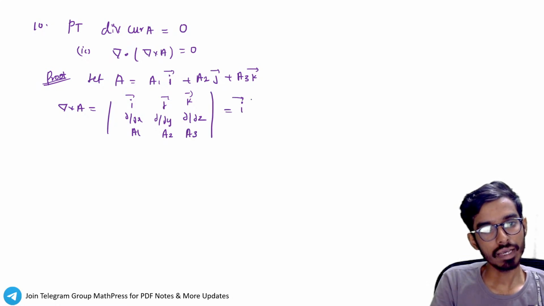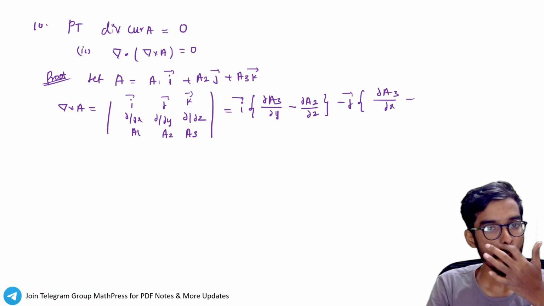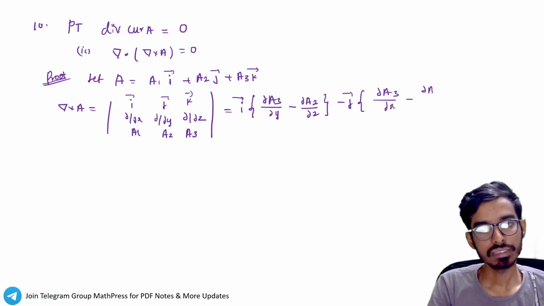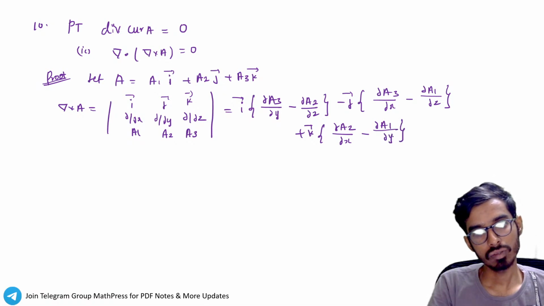This will be i into (∂A3/∂y minus ∂A2/∂z) minus j into (∂A3/∂x minus ∂A1/∂z) plus k into (∂A2/∂x minus ∂A1/∂y).